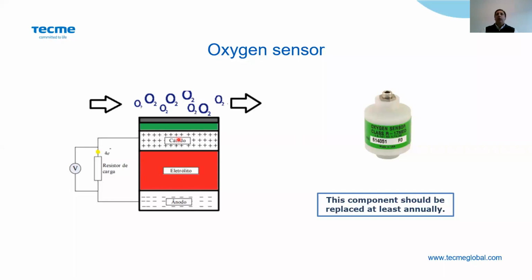So we recommend changing the oxygen cell at least once a year in order to guarantee that the machine measures properly the oxygen concentration delivered to the patient, and checks whether the quality of the oxygen being supplied to the machine is good or not.